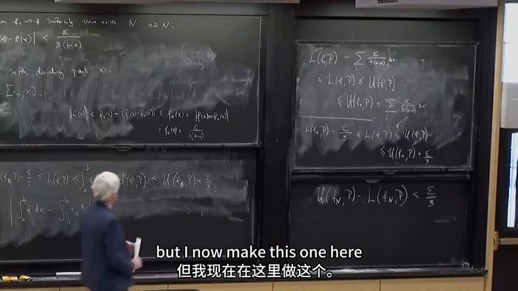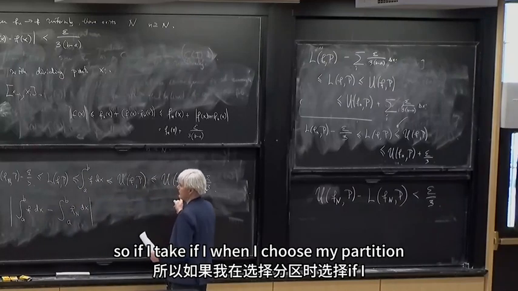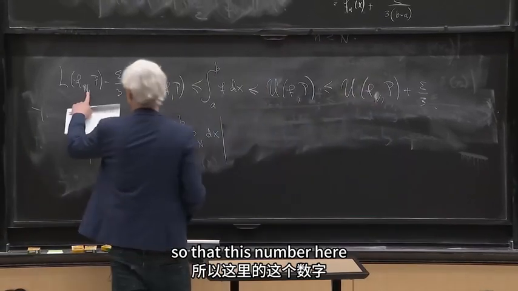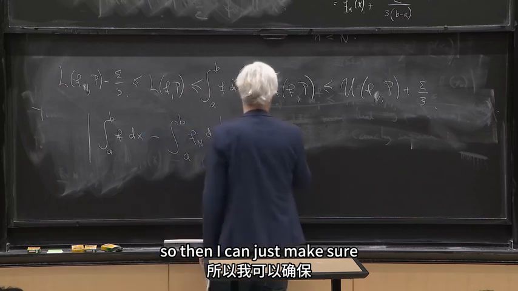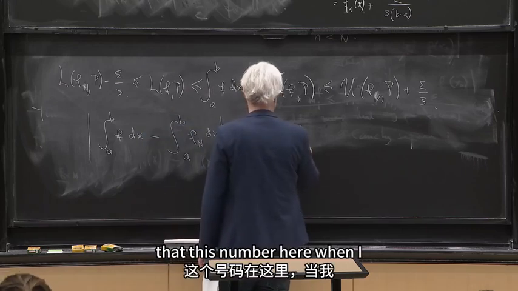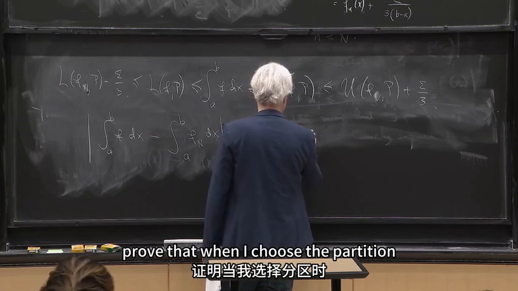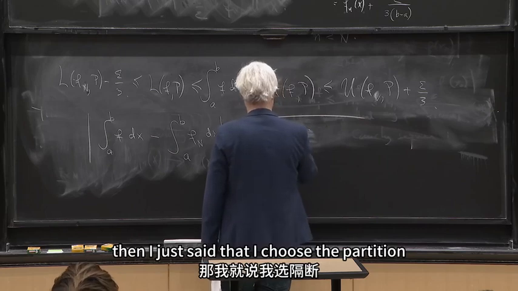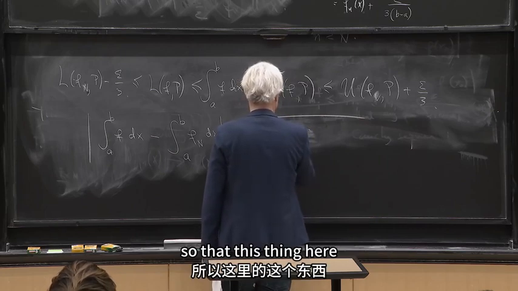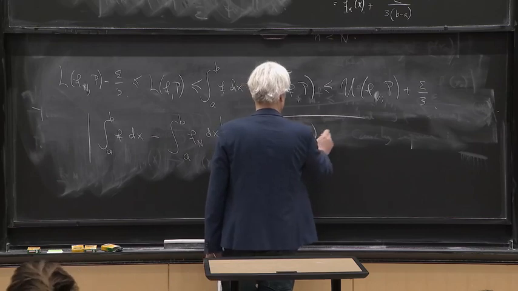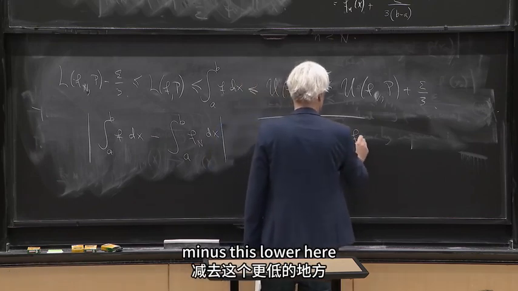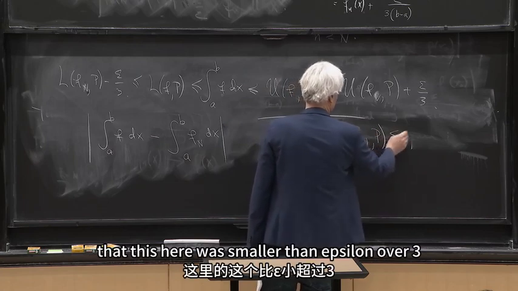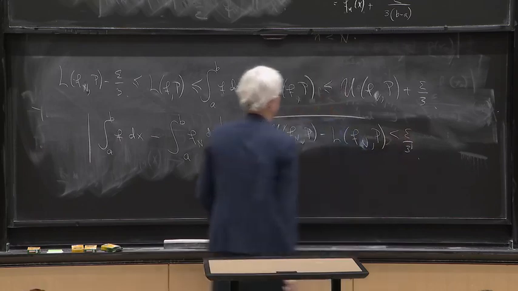So when I choose my partition, I just said that I choose the partition so that this thing here minus this lower sum for this capital N was smaller than epsilon over 3, right?